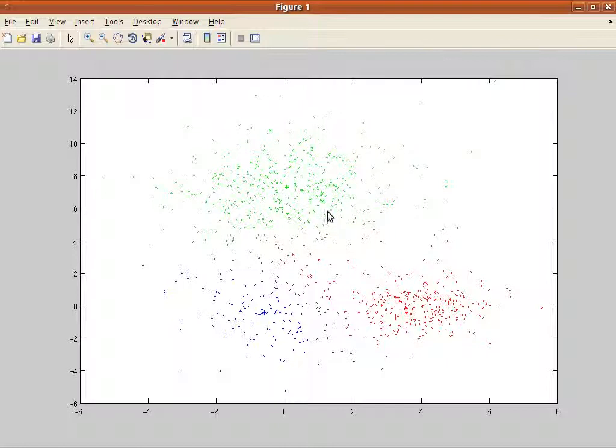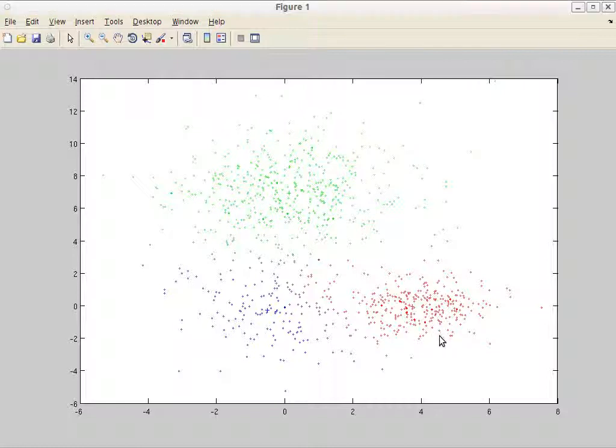Because it's more green now, the number of data points belonging to the red cluster shrinks, and the corresponding mean also moves more and more to the left.